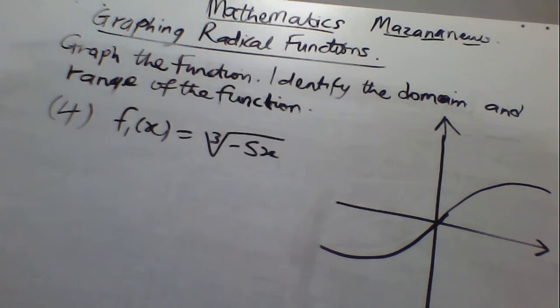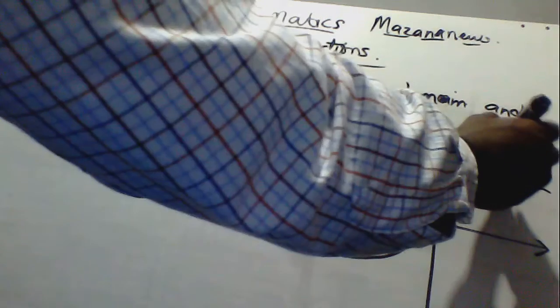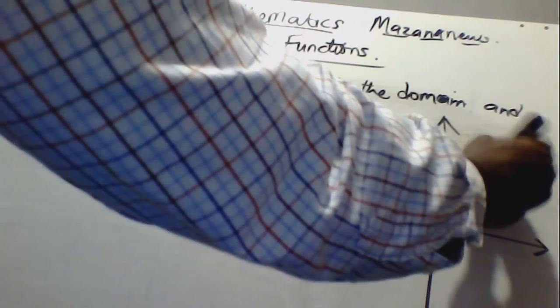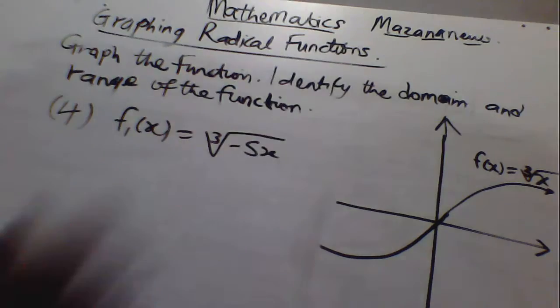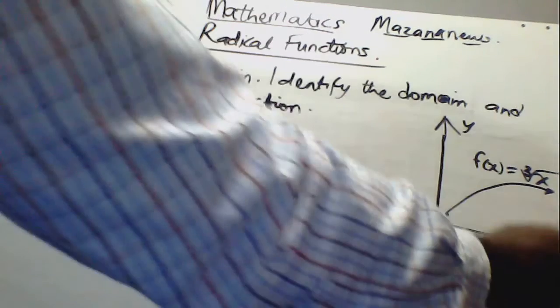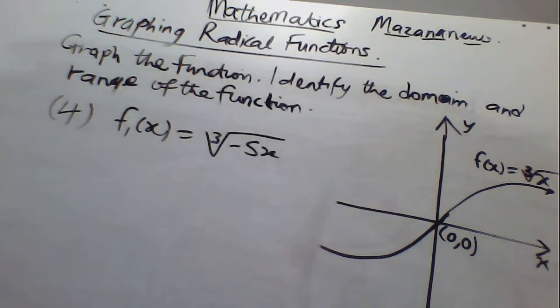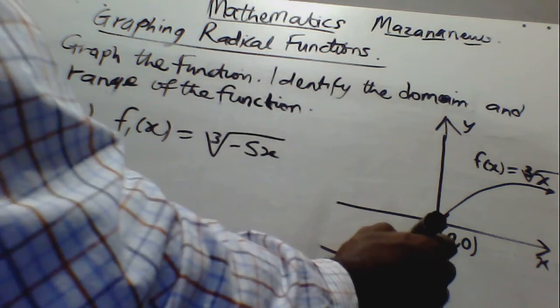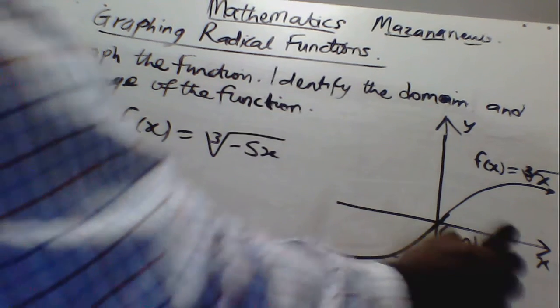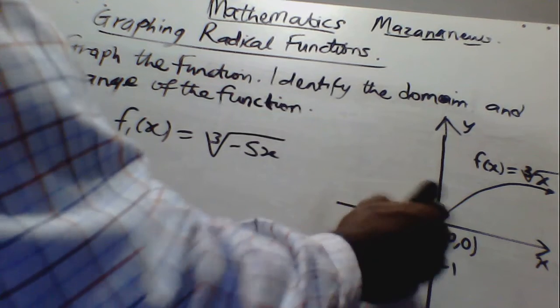So it is in this form. In this case, f(x) equals this, this is how it looks. In this case, it starts from 0, 0. If it touches here, let's say this is minus 1, you can bring it up, here is minus 1.